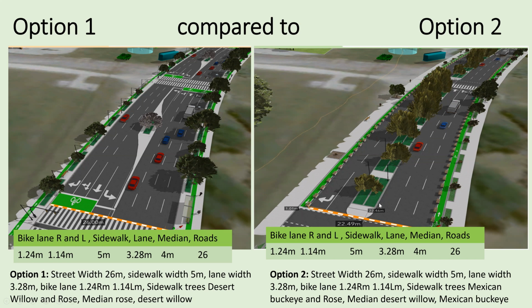The median area is 4 meters, and it does not have a turning lane in this case, which gives more green infrastructure.